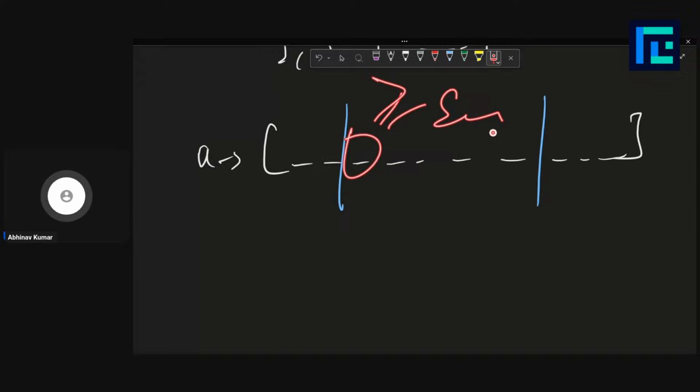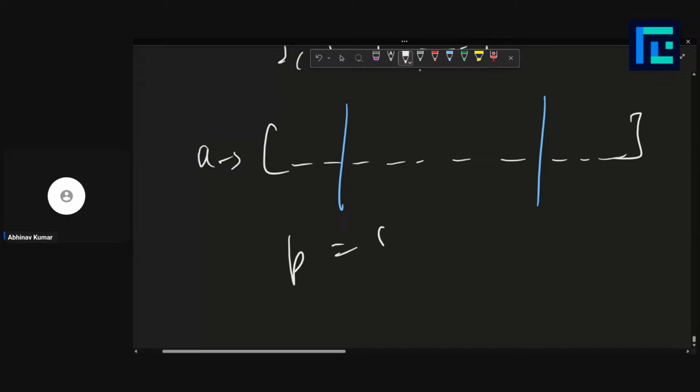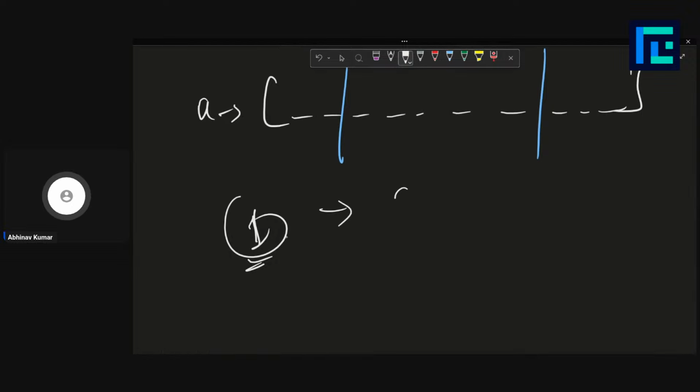How can you make the product reach equal to the sum? By using 1. Whenever you add a 1 into the sequence, what you are actually doing is sum plus plus, and the product remains the same.